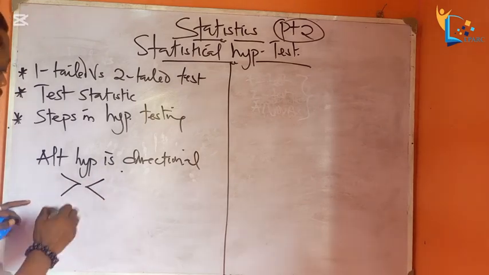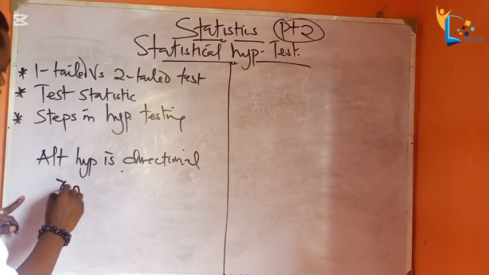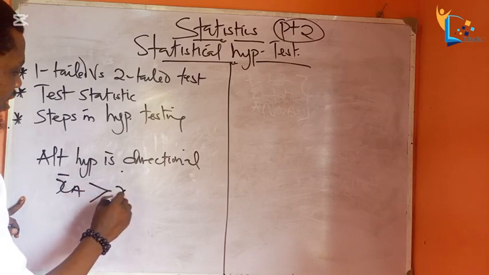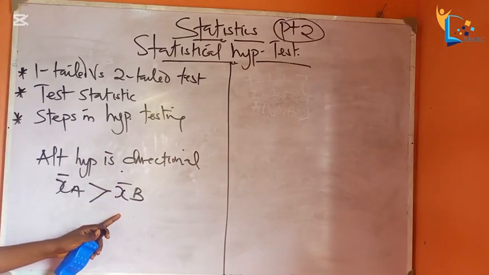So when we have a hypothesis like XA is greater than XB, this is a directional hypothesis and is a one-tail test.